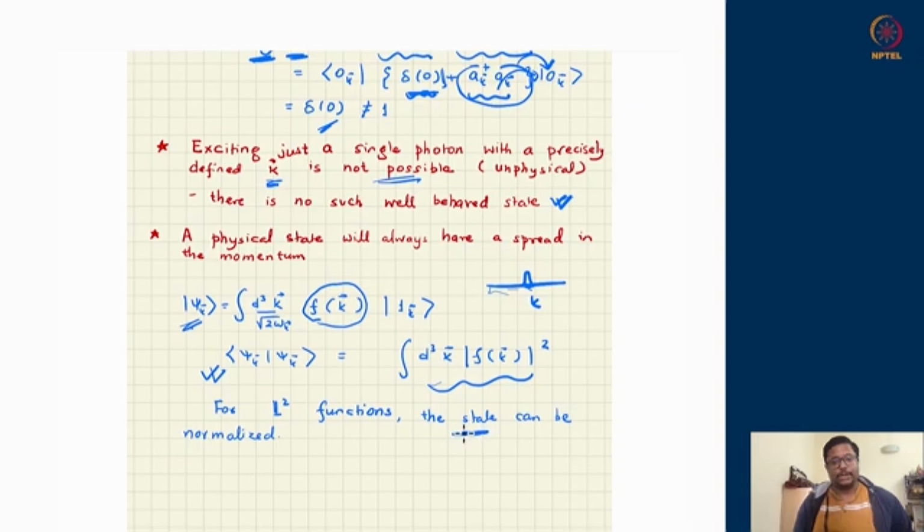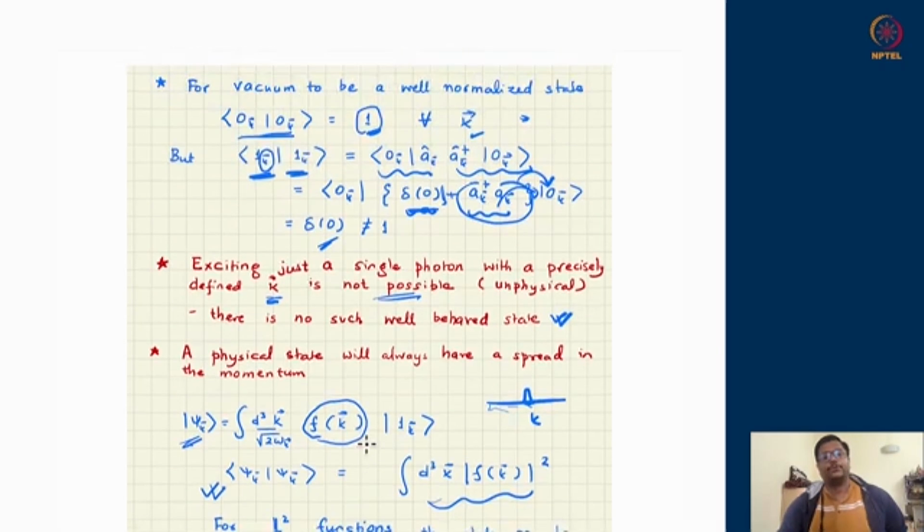So in order to have a well normalized state, the cost one has to pay is that you do not claim exact knowledge of which photon of which momentum has been excited. You just say that most likely this photon is excited and there can be some width. This is something like the uncertainty principle in some sense, that you do not have precise knowledge of momenta.